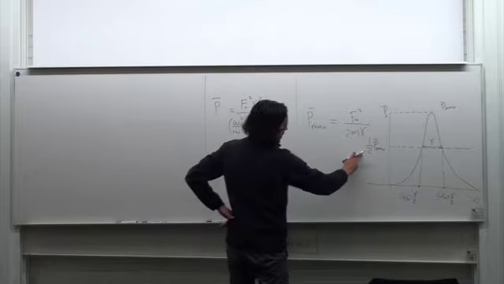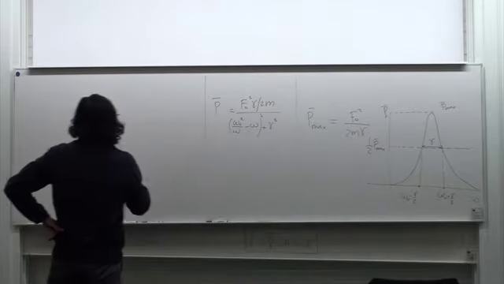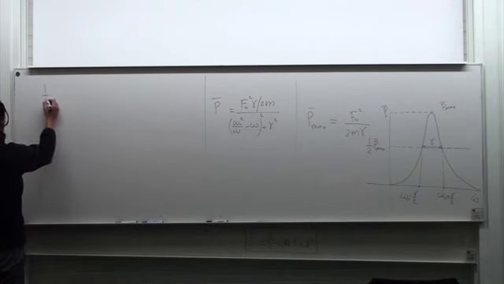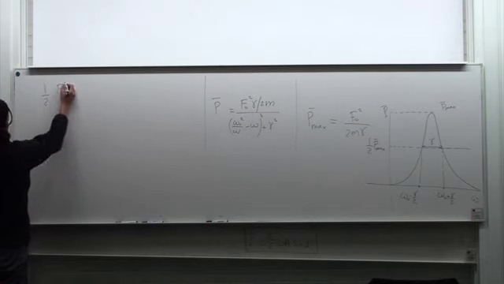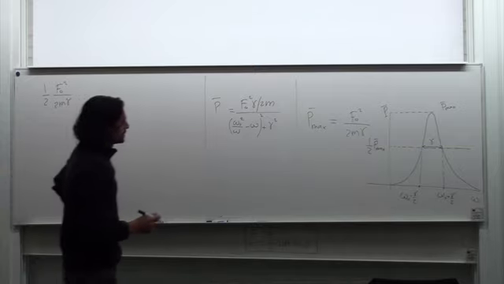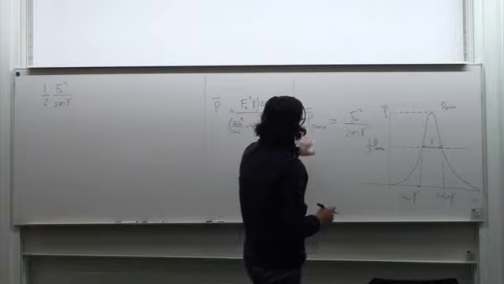Now, what happens at half P max? It's right in here. So half P max, that is half f0 squared over 2m gamma.